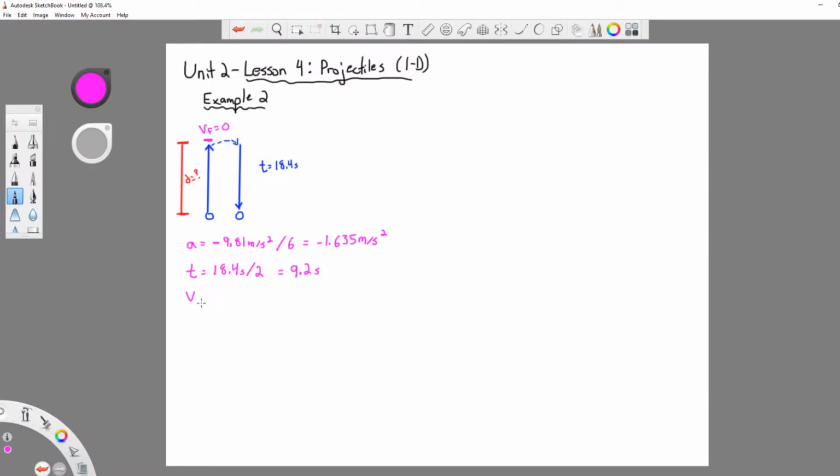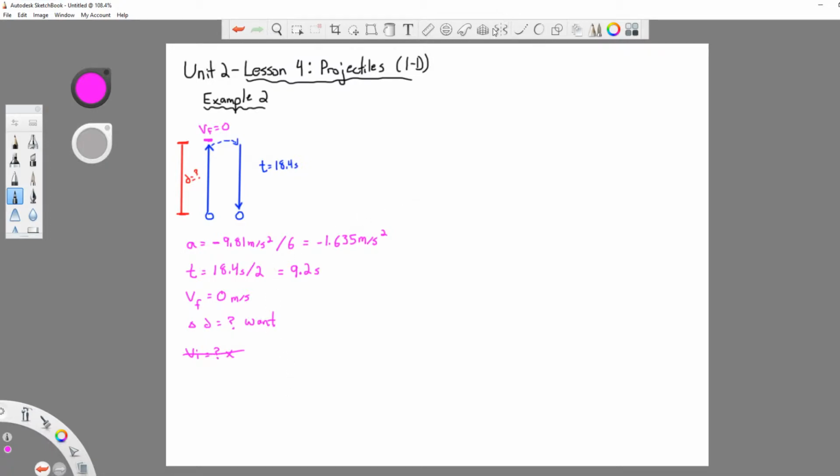So I'm going to put VF is equal to 0 meters per second. Okay, 1, 2, 3 values we now have. We can solve for whatever we want. Turns out this question wants us to solve displacement. So I'll put delta D is what we want. And it leaves us with VI is equal to, we don't know, but we also don't really care.